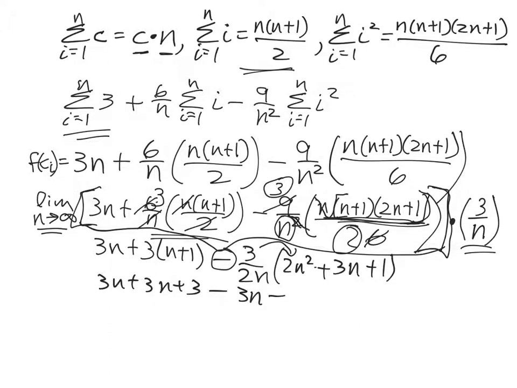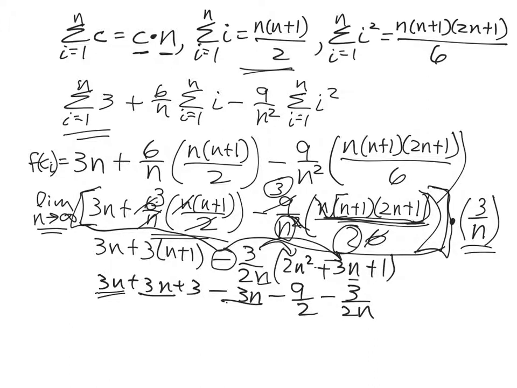Then multiplying it by 3n, we'll have the minus 9 over 2 with the n's canceling in those spots, and then minus, well, thankfully times 1, we get the minus 3 over 2n for that expression. And let's see, we can still do some simplifying. We've got 3n minus 3n.